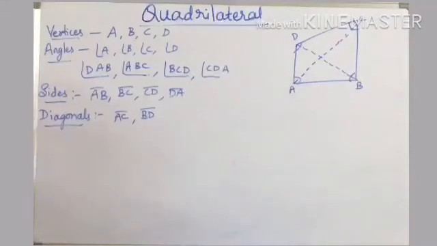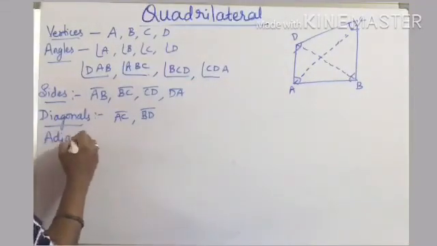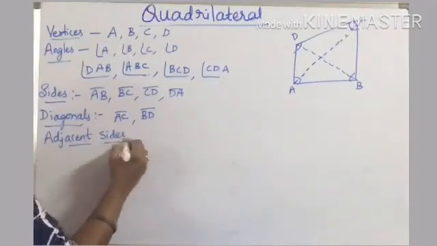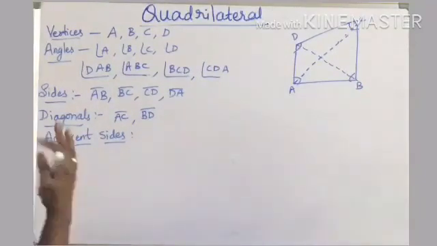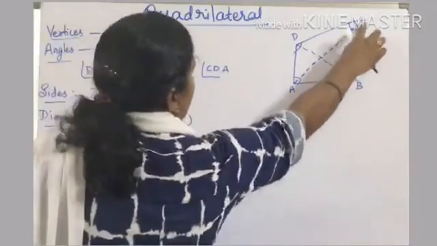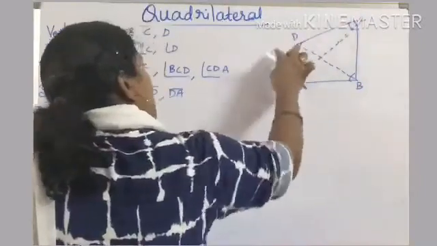Coming to the next, we are going to write adjacent sides. Adjacent means what? Side to side, okay, having a common vertex. Here we will get four pairs of adjacent sides. AB is adjacent to BC. Next BC is adjacent to CD. CD is adjacent to DA.